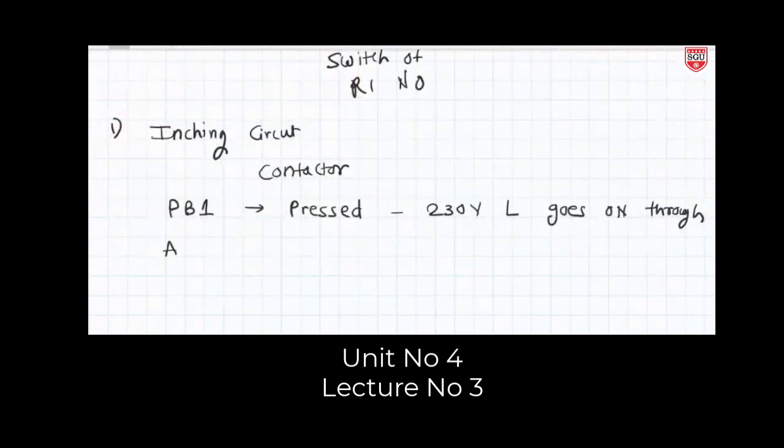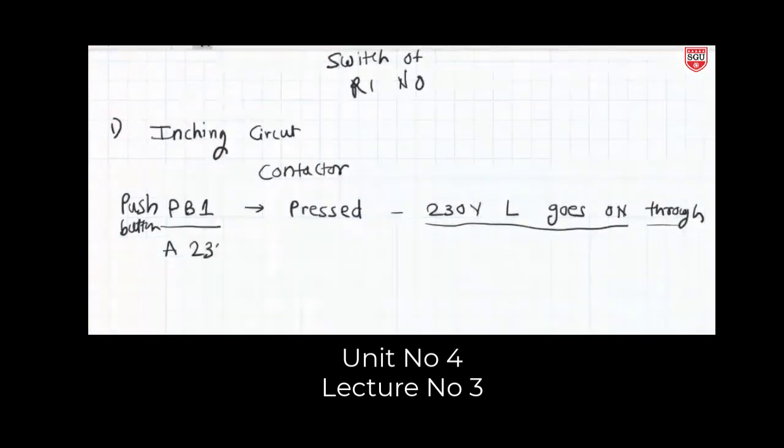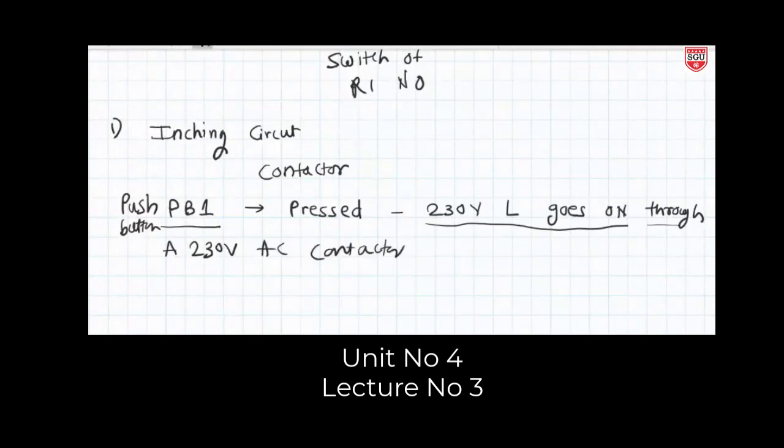Next we are seeing the inching circuit. What is the problem saying about the inching circuit? It is related to the contactor. There is one push button, PB1. When PB1 is pressed, a 230 volt lamp goes on through a 230 volt AC contactor.